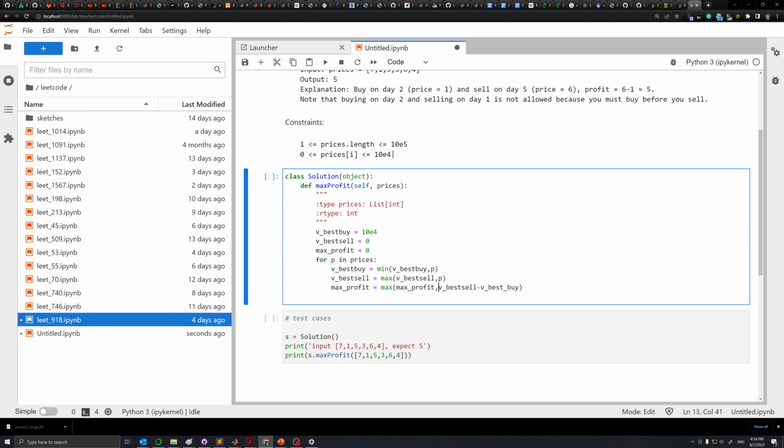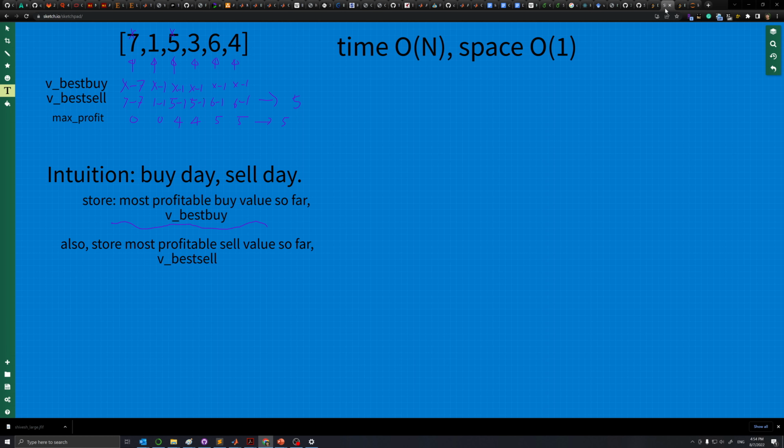Does that make sense? That makes a lot of sense, but you can't do like sell first and buy later, right? So in order to prevent that, when we move on step by step, we make sure that the best buy value is something that you can actually buy with that price previously, right?